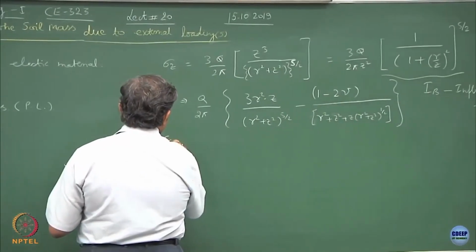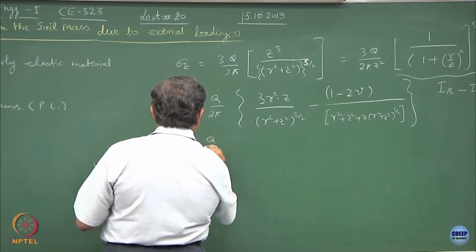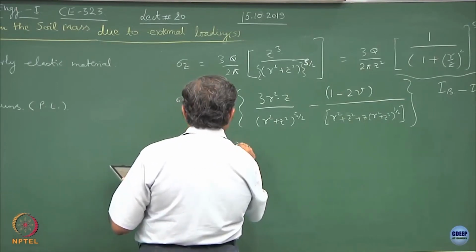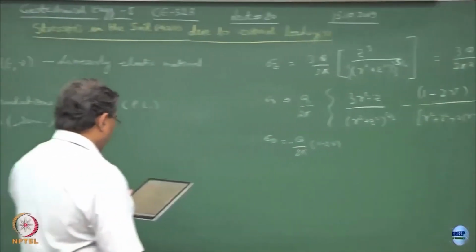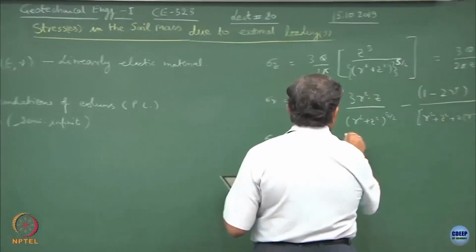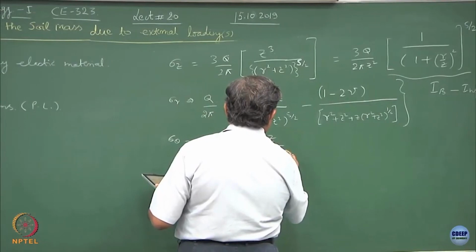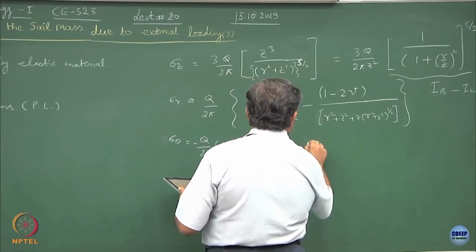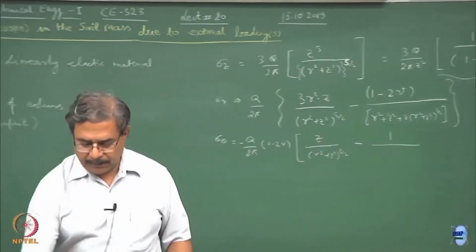Sigma theta is defined as q upon 2 pi into (1 minus 2 nu) times [z upon (r square plus z square) to the power 5 by 2 minus 1 divided by this term].